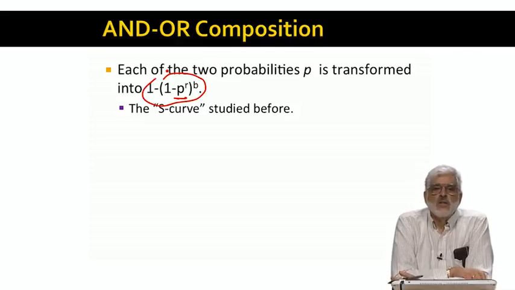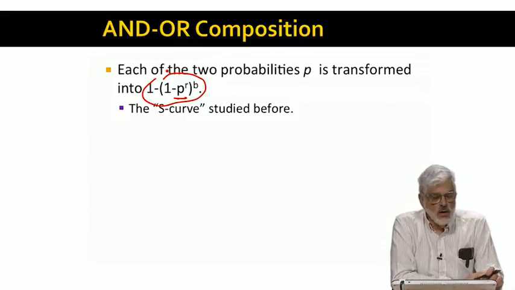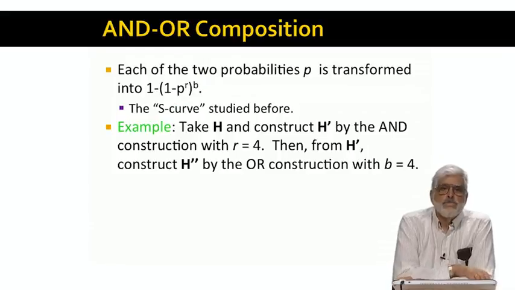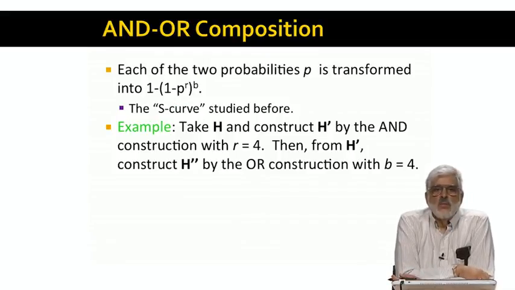Notice that what we have is exactly the S-curve that we constructed when we originally discussed LSH for min-hash functions. We're going to do an example on the next slide where R and B are both 4. That is, starting with some LSH family H, we do a 4-way AND construction to get a family H prime, and then use H prime to do a 4-way OR construction to get a new family H double prime.